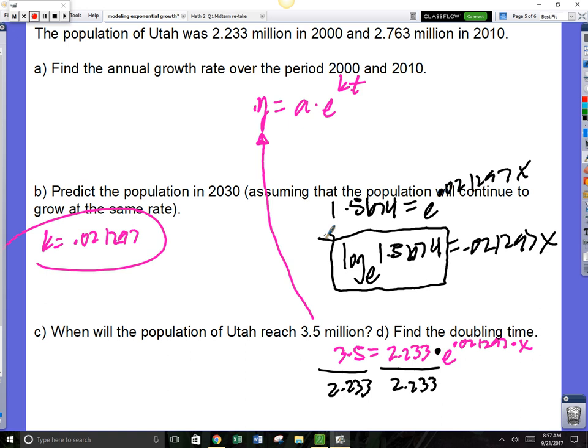So if we do log base E of 1.5674, we got 0.449418 equals 0.021297x. Now I'm going to divide this by 0.021297, and that should give me the number of years it's going to take.